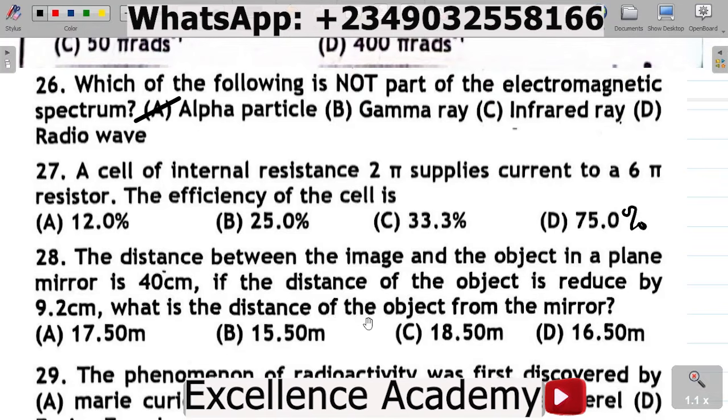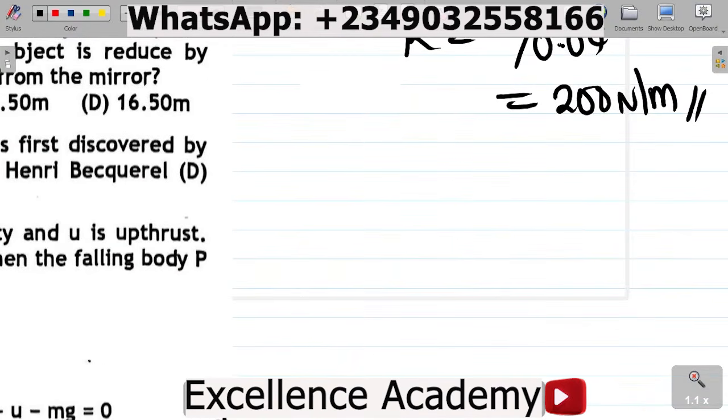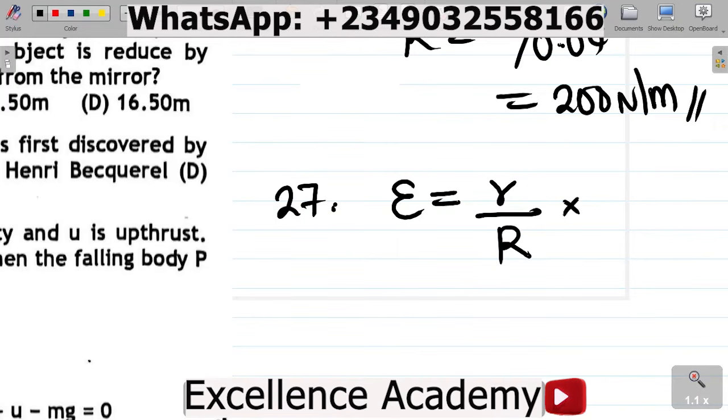For 27, you want to note that the internal resistance determines the maximum current that can be supplied by a particular cell. And for this, the formula we use is that the efficiency is equal to small r all over capital R times 100%.